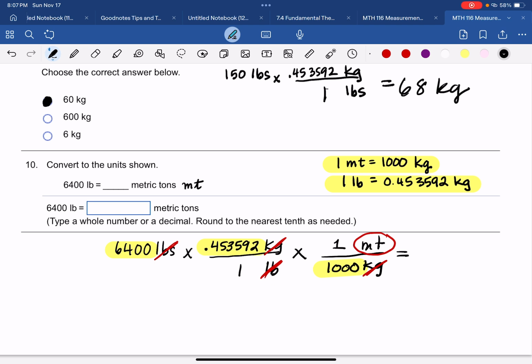So 6,400 times 0.453592 divided by 1,000 is 2.9 metric tons. So here's an example of if you don't have a direct conversion factor, you may have to include more than one to get to your final answer.